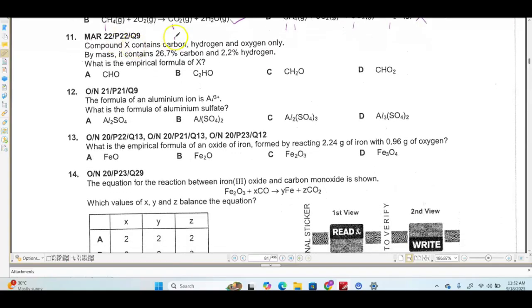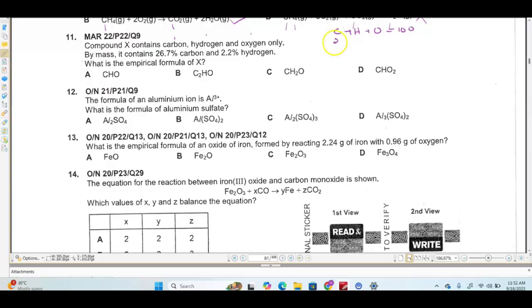Compound X contains carbon, hydrogen and oxygen only. By mass, it contains 26.7% carbon, 2.2% hydrogen, and the percentage for oxygen is not given, and we are going to find it ourselves. What is the empirical formula of X? Okay, we can just simply say carbon plus hydrogen plus oxygen is equal to 100.